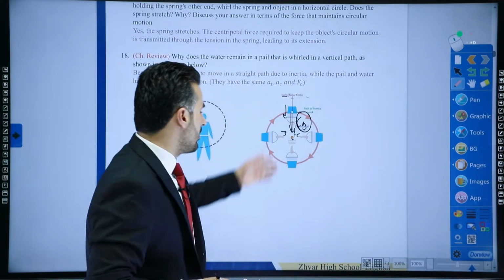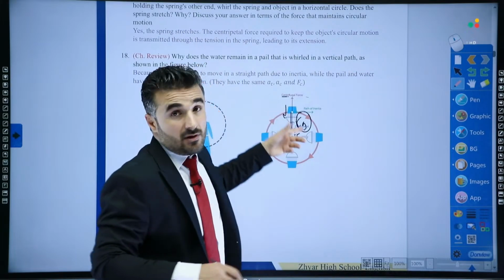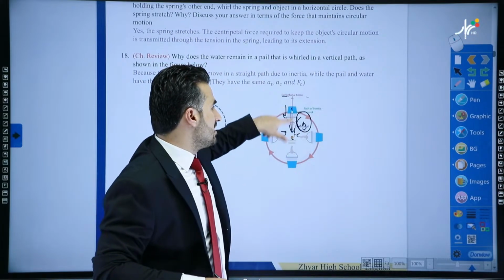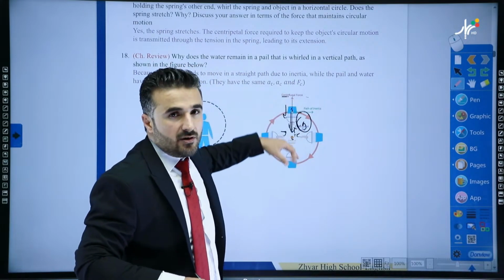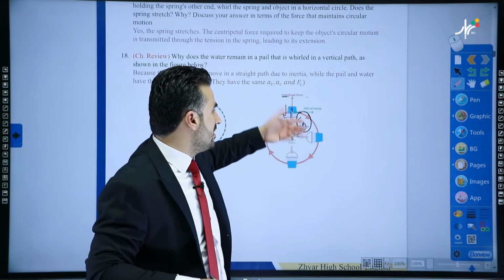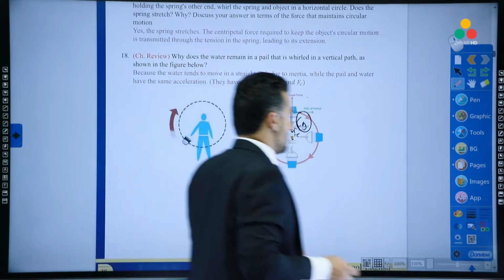The reason here is something similar, maybe not exactly the same. The water doesn't come out because the water is moving with the bucket. If the bucket is falling, the water would be falling with the bucket. So these two are moving together, and once they're moving together, the water doesn't come out.